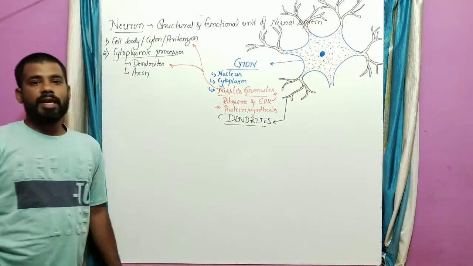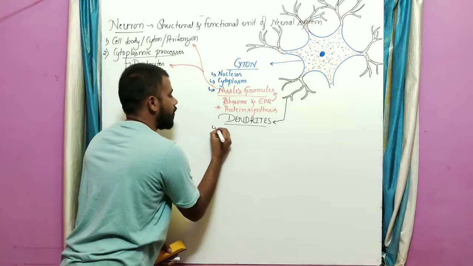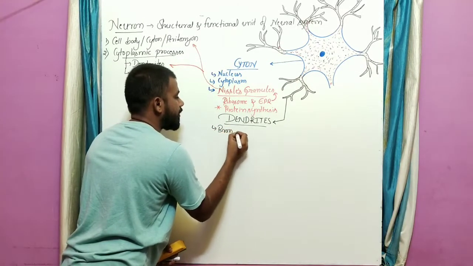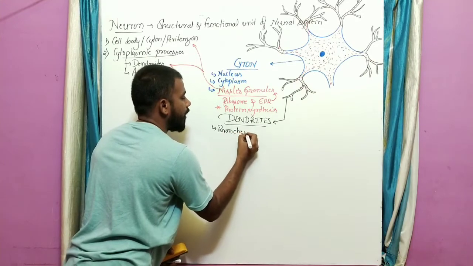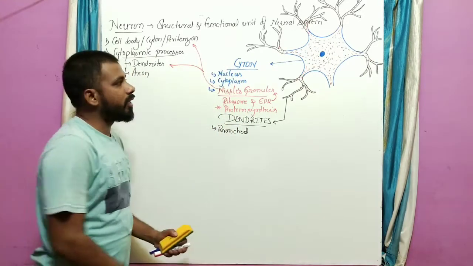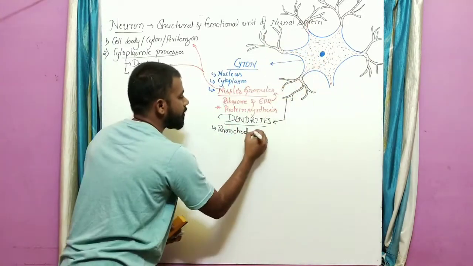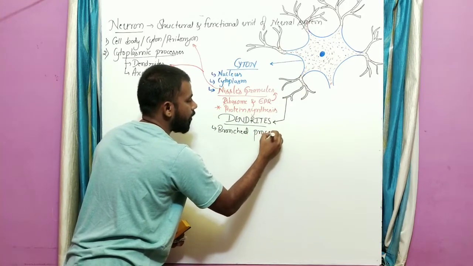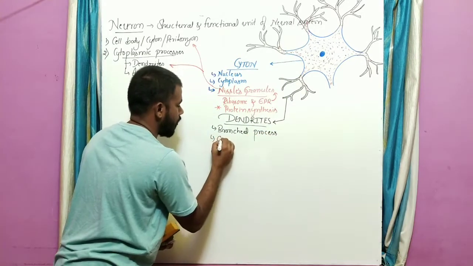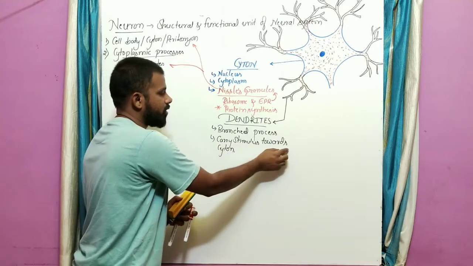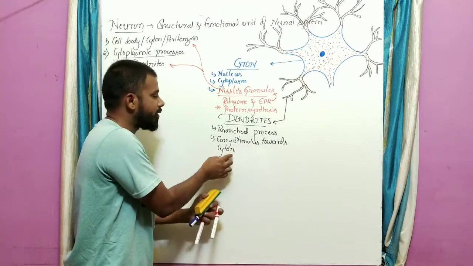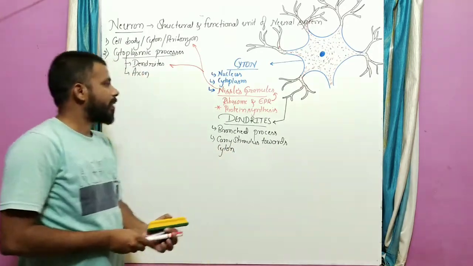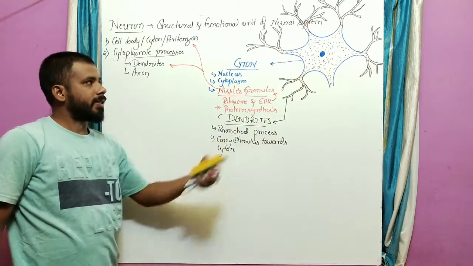The main function of dendrites is that they carry the stimulus towards the cyton or cell body. This is about the dendrites.